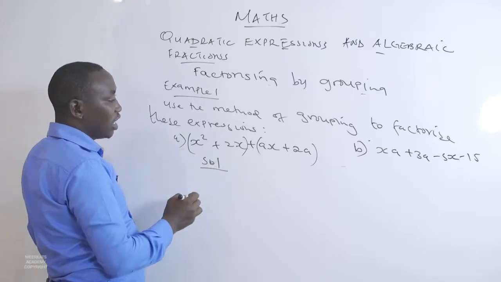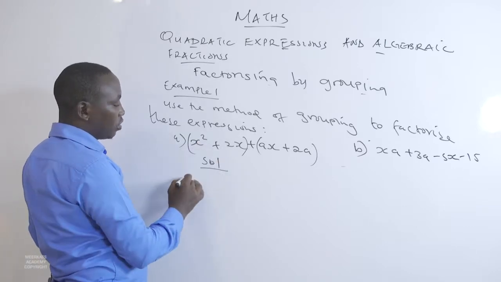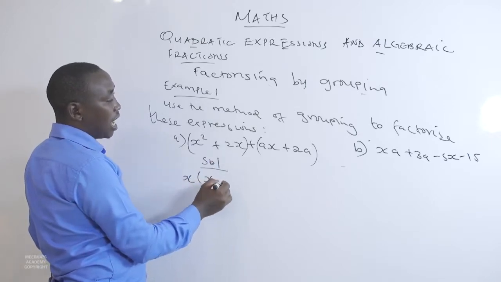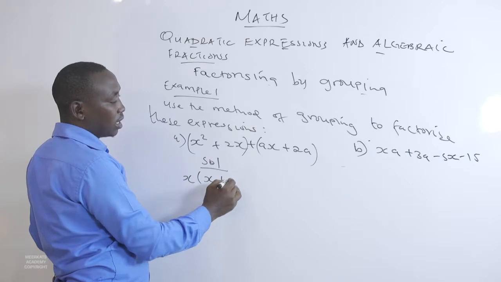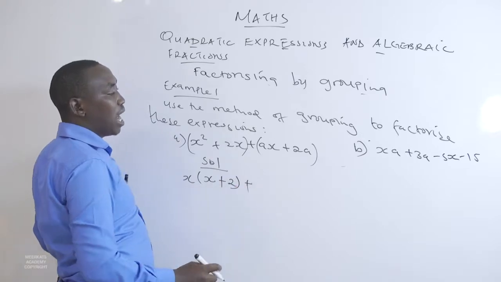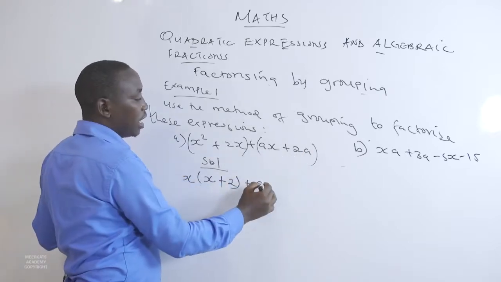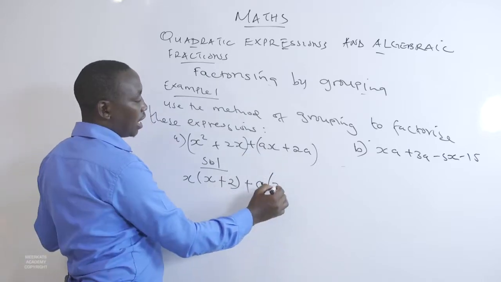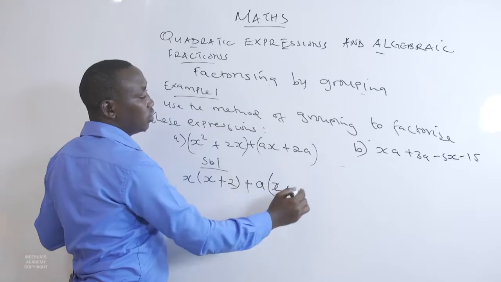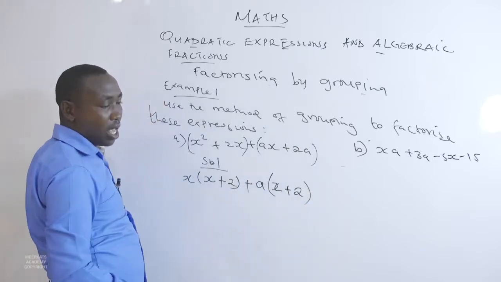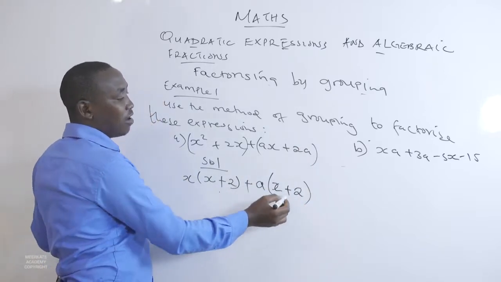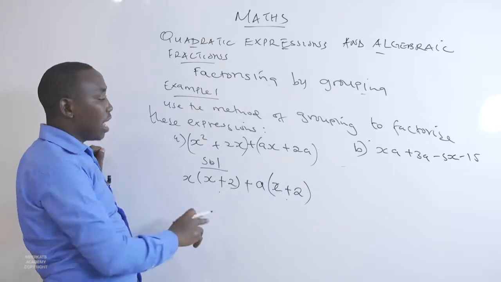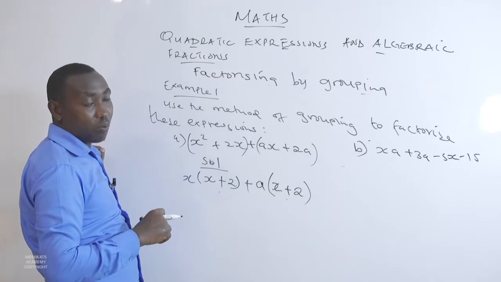When we factorize the first bracket, you'll discover that x is common. So x goes into x squared x times, plus x goes into 2x twice. Then a is common in this case. So a goes into ax x times, plus a goes into 2a 2 times. So you'll discover that we have a common binomial factor, which is x plus 2.